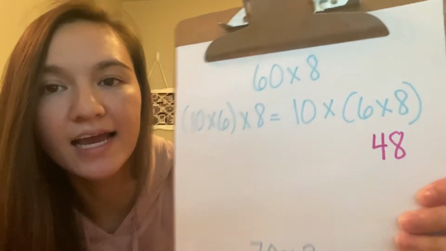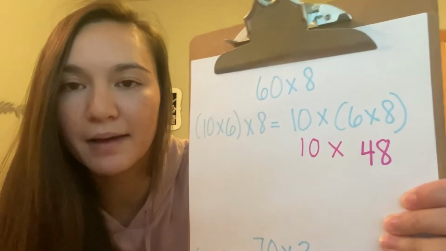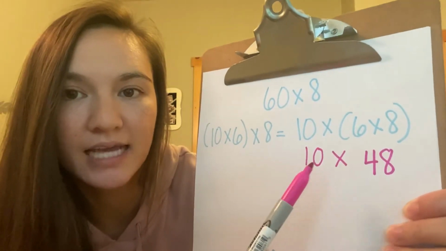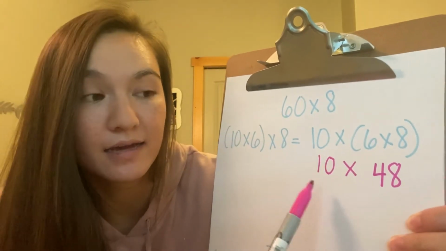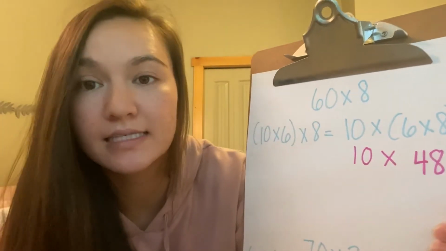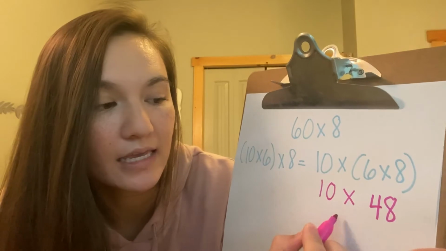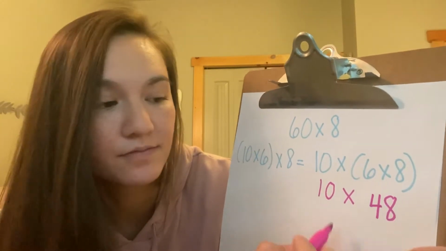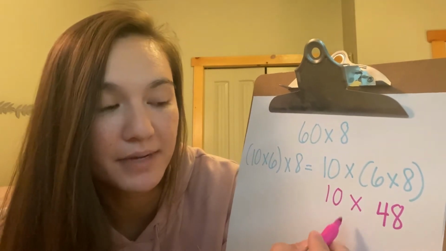And then I'm going to multiply that by 10 because I haven't done that part yet. So now I have 10 times 48. Now I can count by 10s 48 times, or it's the same as taking the 48, removing the place value when we multiply by 10.